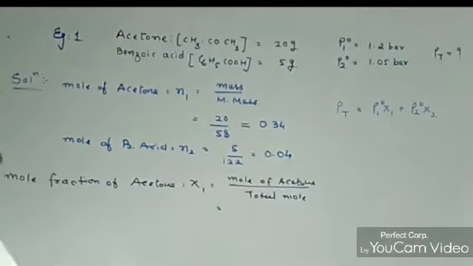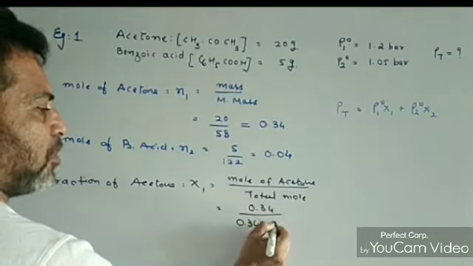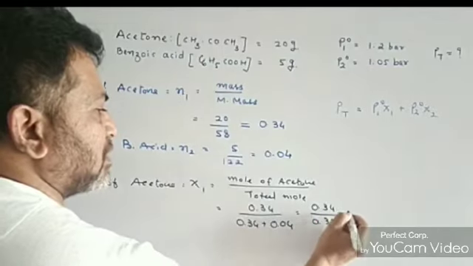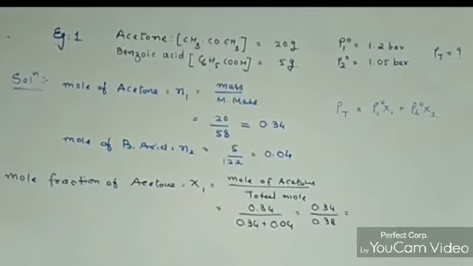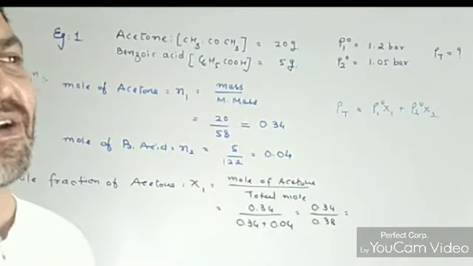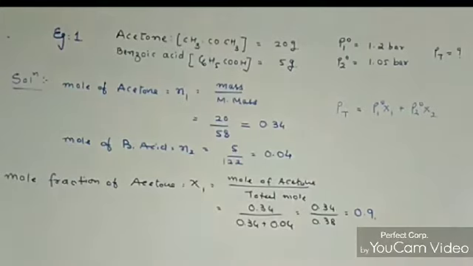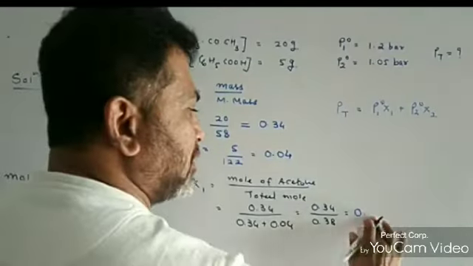The mole of acetone is 0.34 and total mole will be 0.34 plus 0.04. That is 0.34 divided by 0.38. See how much the answer comes out. 0.9 something. It will not come out as 1.03 ever. 0.34 divided by 0.38, about 0.89. Okay, so x1 is 0.89, so I will write 0.89.